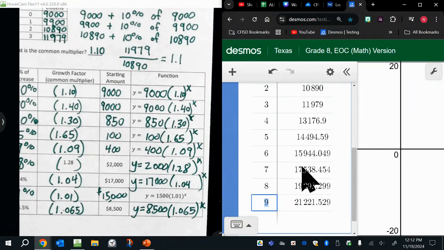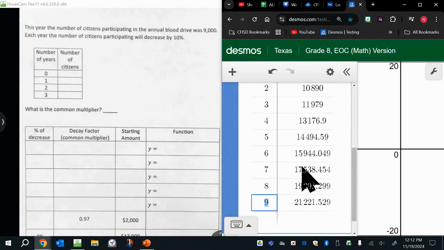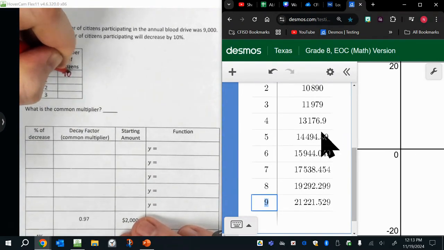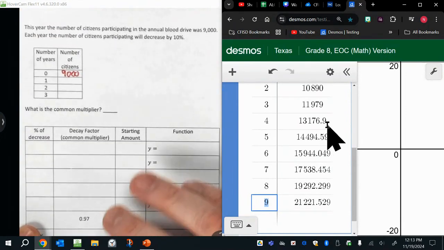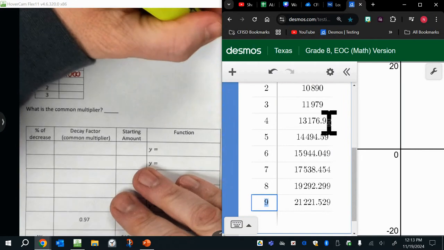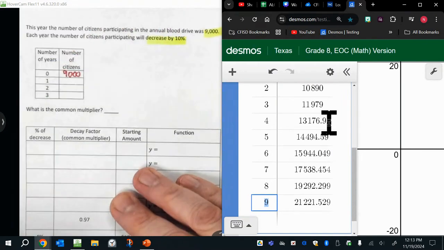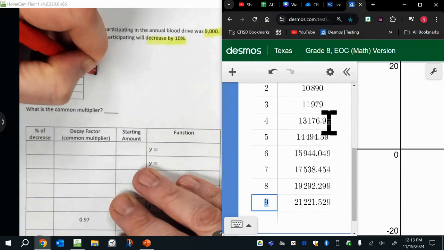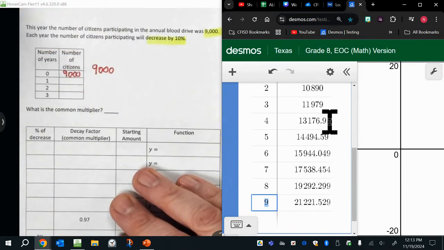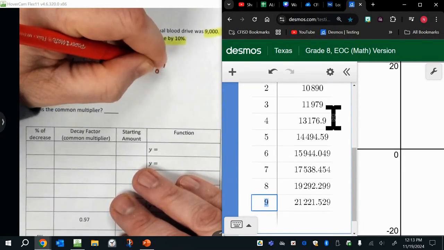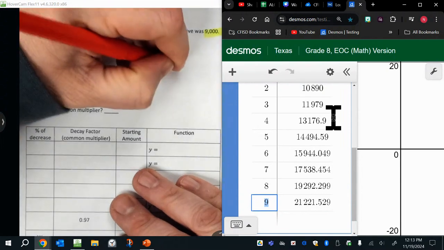Okay, suppose the number of citizens was at 9,000 for the blood drive. Okay, so again, I'm at 9,000. But now, instead of increasing, we're going to decrease by 10%. What is that? Well, that just means that now we're going to take 9,000 and we're going to subtract 10% of 9,000.